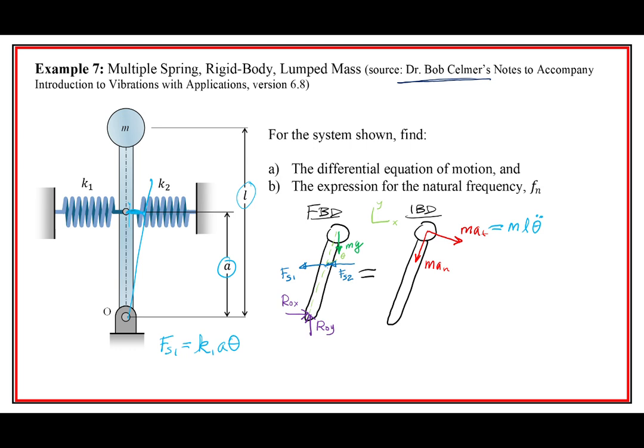It's moved that amount A when it has gone in that direction. Same thing is true with Fs2. One's going to be compression, one's going to be tension, but it doesn't quite matter because they're both going in the same direction when it comes to the sum of the moments.